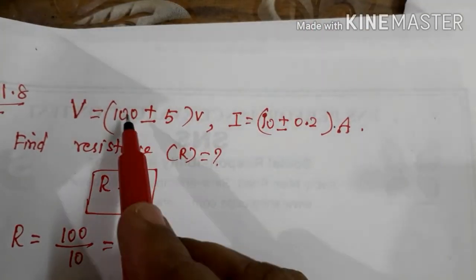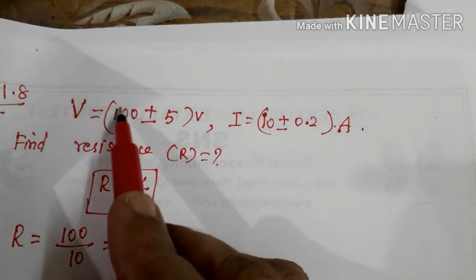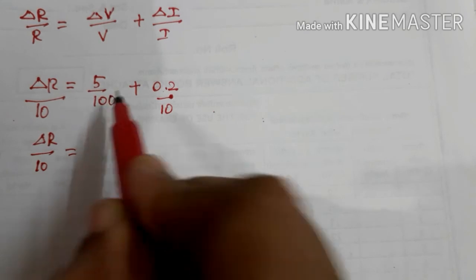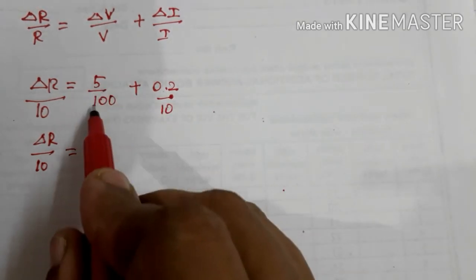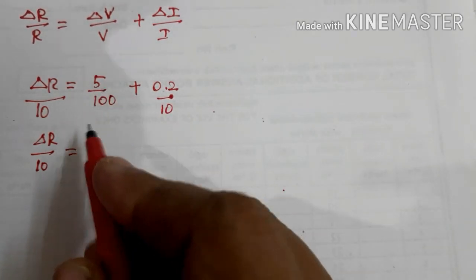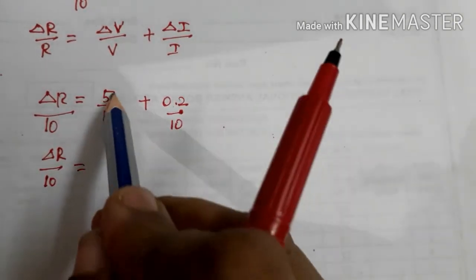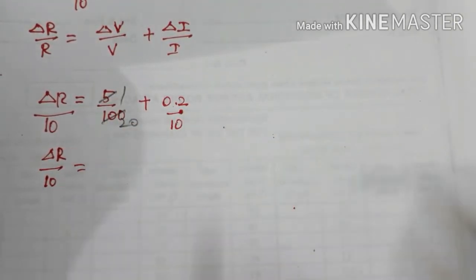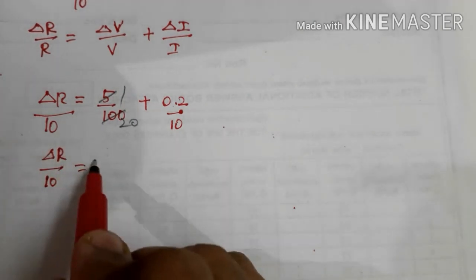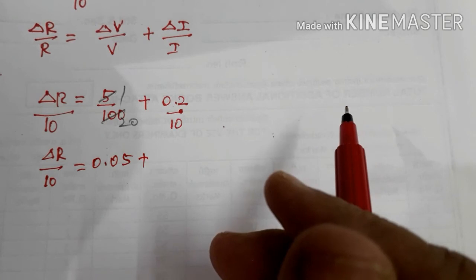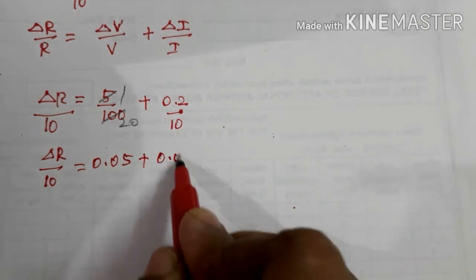See, V is 100, not 10. Right? V is 100, that is not 10. So what is 5 by 100? It is nothing but, if you cancel, 1 by 20, which is 0.05, plus 0.2 by 10, that is nothing but 0.02.